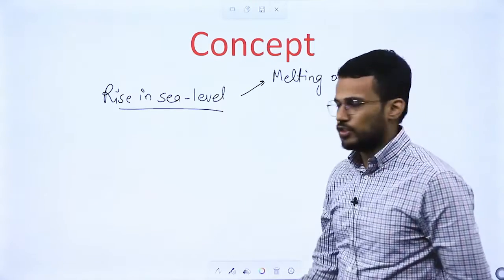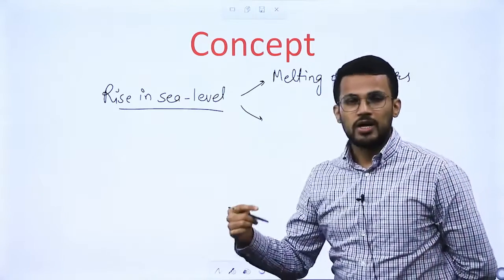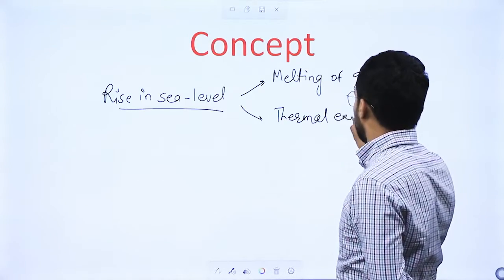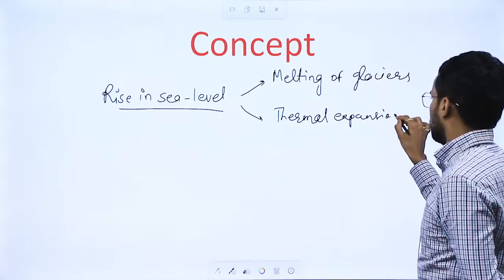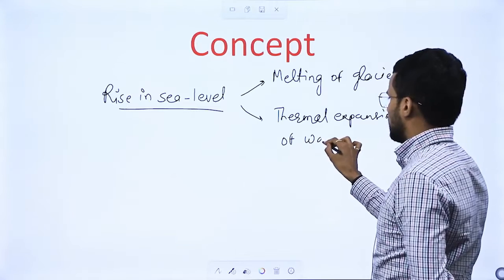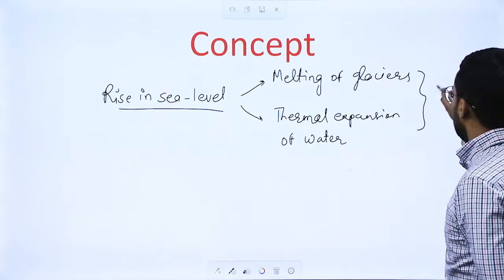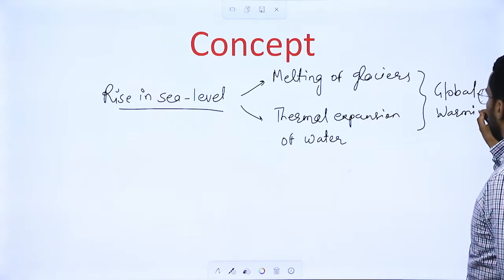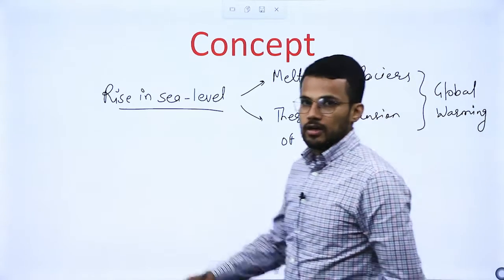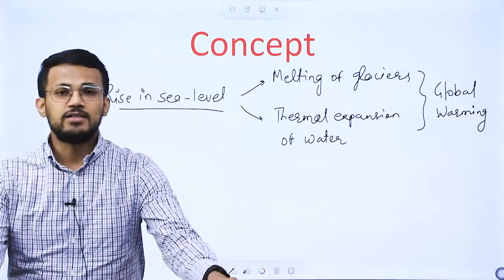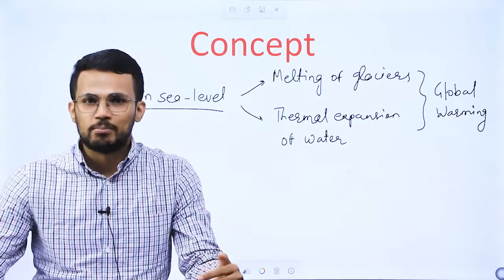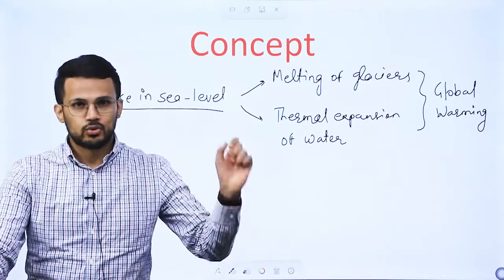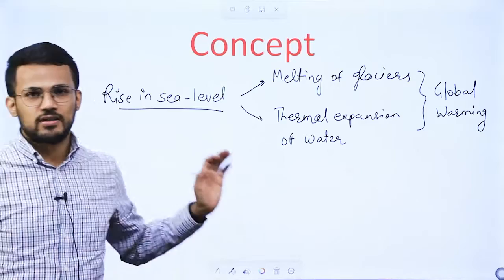Along with melting of glaciers, rise in sea level is also a result of thermal expansion of water. Both of these are caused by global warming. So that is the reason behind rise in sea level. And as sea levels rise, there will be a number of impacts, especially in coastal areas, and those impacts are supposed to be discussed in this answer.